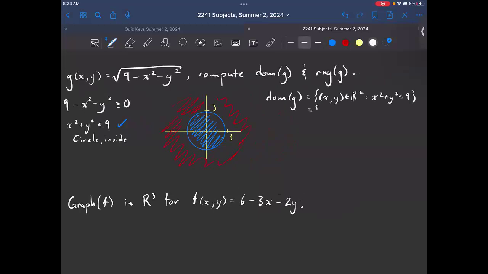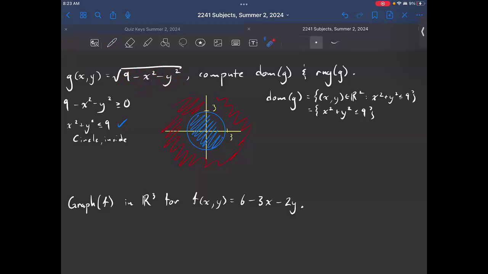Sometimes we get a little lazy and we'll just write this with the equation, and we'll take all of the other stuff as being understood. But we need to use the brackets to ensure that we're talking about a set here. Okay, so what about the range of this function? Well, we're looking at a square root function, and all we really need to know is, does this achieve the minimum and maximum possible values?